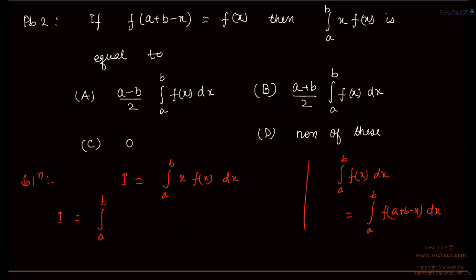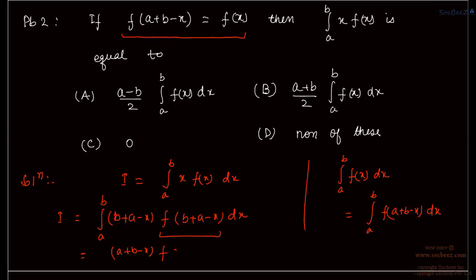We can write in place of x, b plus a minus x into f of b plus a minus x dx. Okay. Now it is given in the question that f of a plus b minus x is equal to f(x). So if we replace this by f(x), we will be getting the integral from a to b of (a plus b minus x) f(x) dx. Okay.